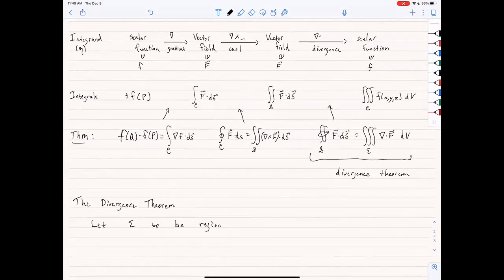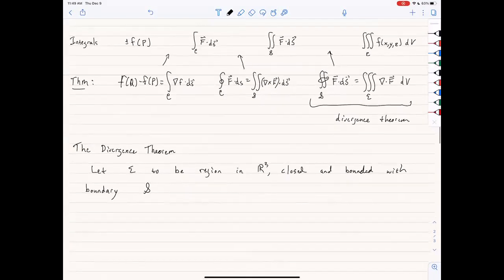We want it to be closed and bounded, with boundary equal to S. And this should be oriented away from E. So outwardly.